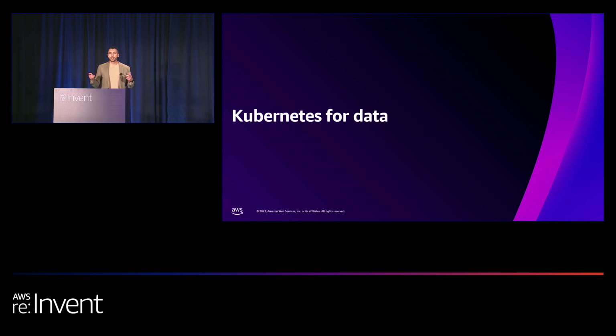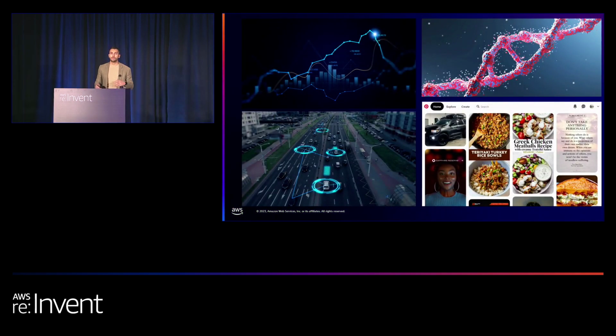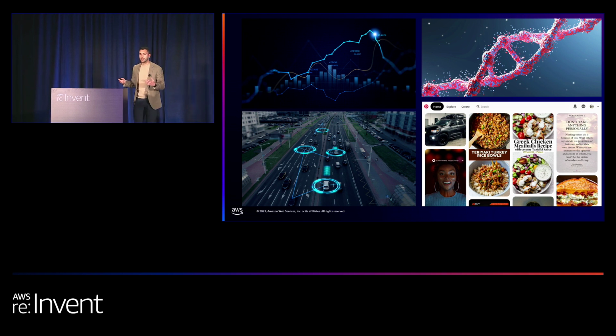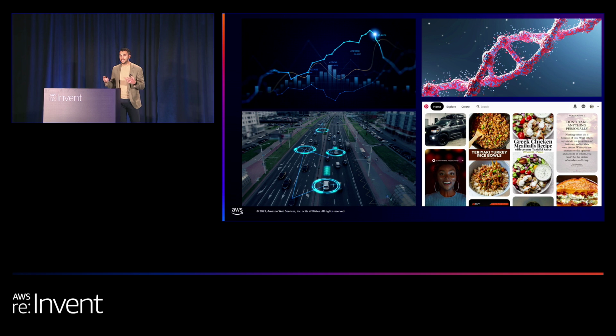So, Kubernetes for data. What do financial simulations, autonomous vehicles, genomics research, and machine learning recommendation engines have in common? Well, for one, they're all powered by data. Data is a key input to each of these processes being able to deliver the value that they deliver. It's what makes them go. Another thing is that all of these are running on Kubernetes today, and specifically on Amazon EKS.